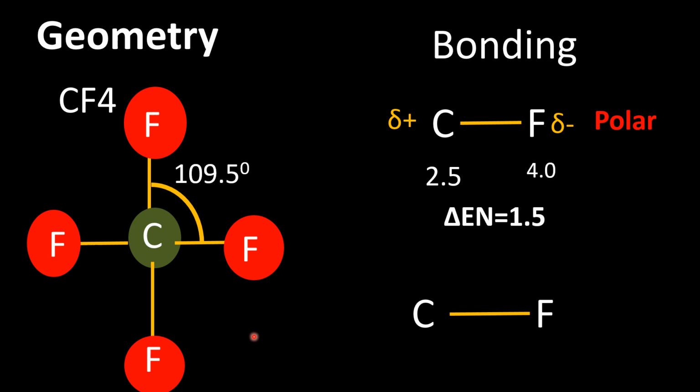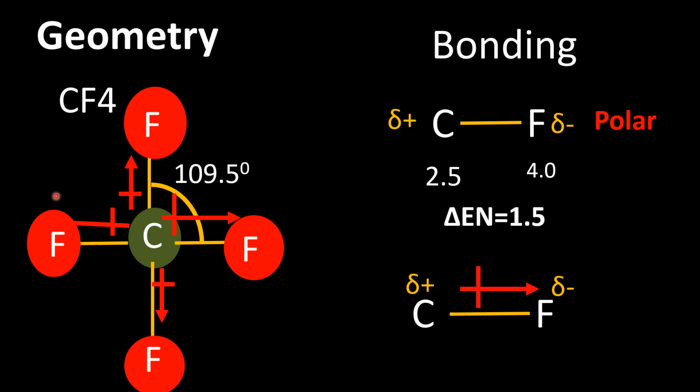As the carbon side is partially positive and the fluorine side is partially negative, the dipole moment always points from the positive side towards the negative side. So it's always from carbon to fluorine. Now look at the geometry, and here we draw the dipole moments, from carbon to fluorine, like this one and this one.